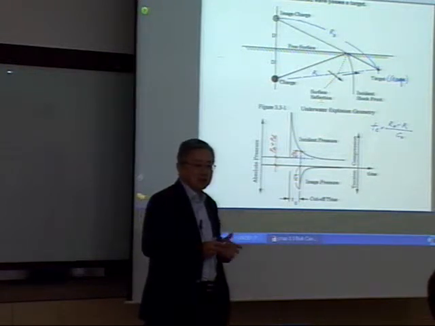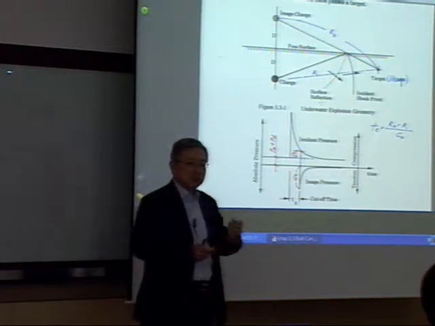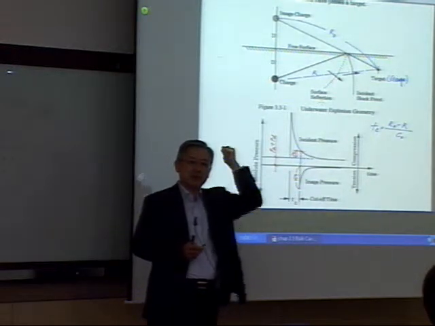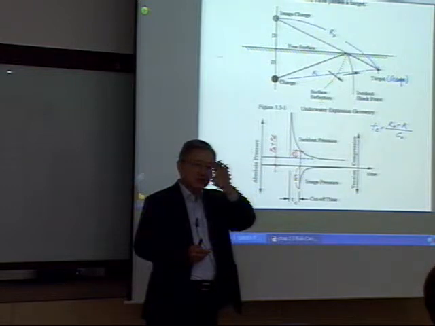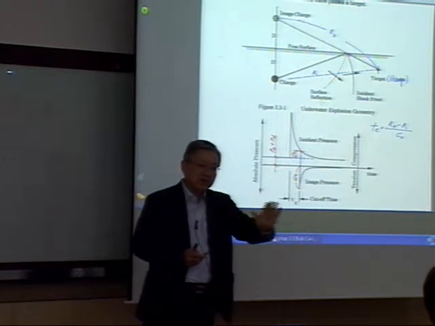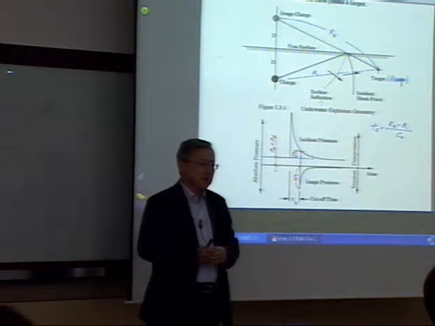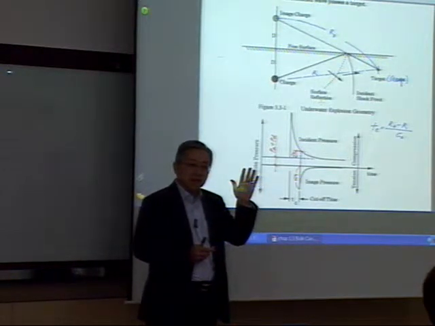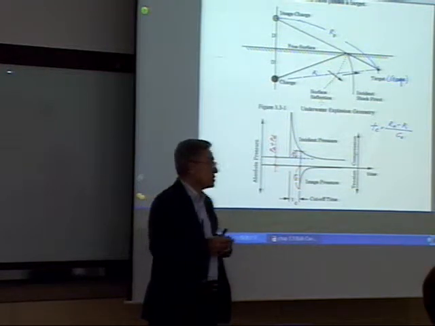I talked about this already at least 3 or 4 times. All the water particles are attracted by the image charge. Water particles keep moving toward the image charge. But the wave front, which is moving toward the target, is opposite to the direction of water particle motion.